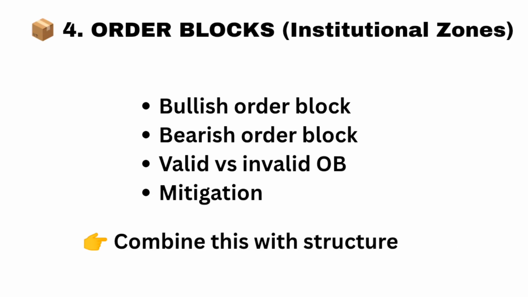Fourthly, we'll be talking about order blocks. An order block is an institutional zone. We have four categories of order block: the bullish order block, the bearish order block, the valid and invalid order block, and the mitigation. You understand? I'm going to teach these four stages in order blocks.